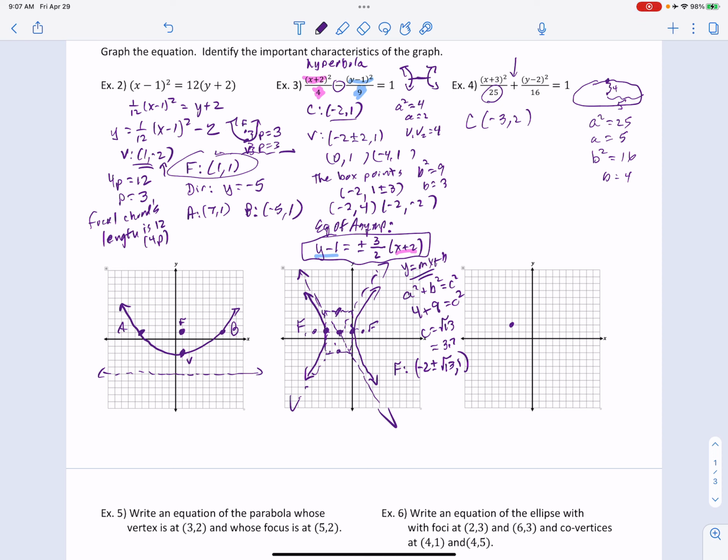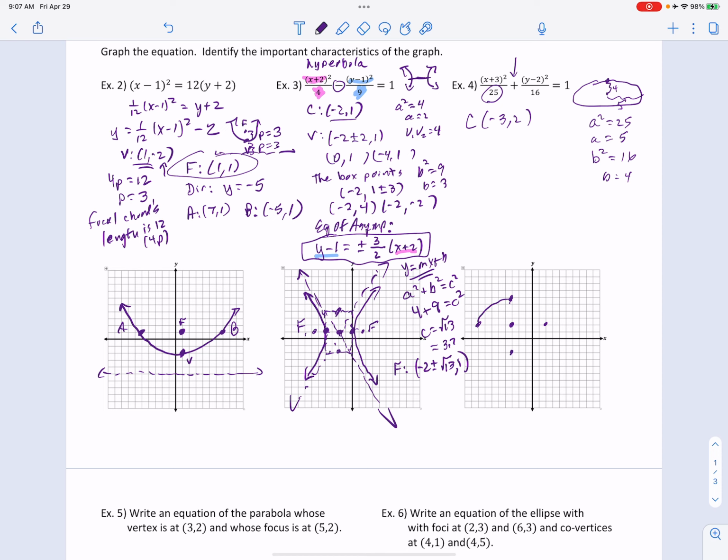And whatever's underneath your x, the square root of that is how far you go right or left. So from the center, we're going 5 to the right and 5 to the left. Whatever is underneath your y, from the center, you're going to go up the square root of that. So it's the square root of 16, it's 4. So from the center, go up 4, that's a co-vertice, and down 4, that's a co-vertice.